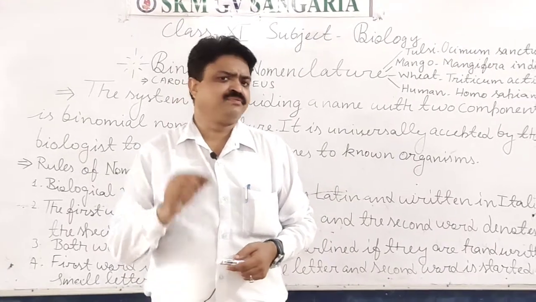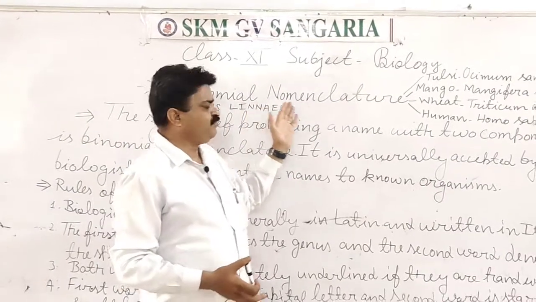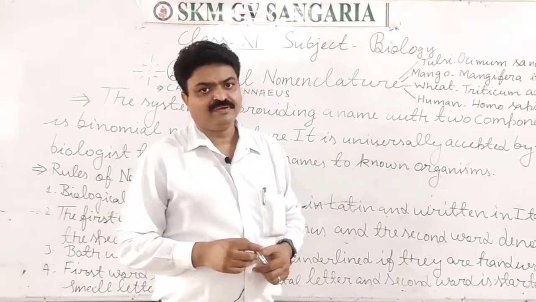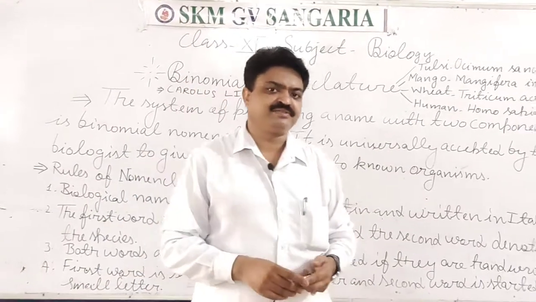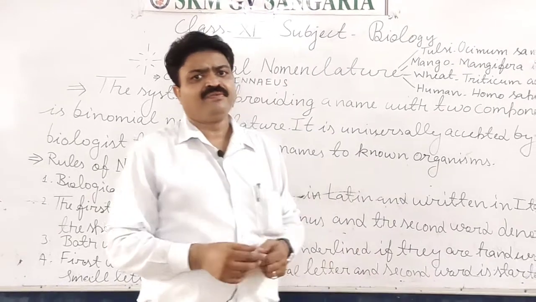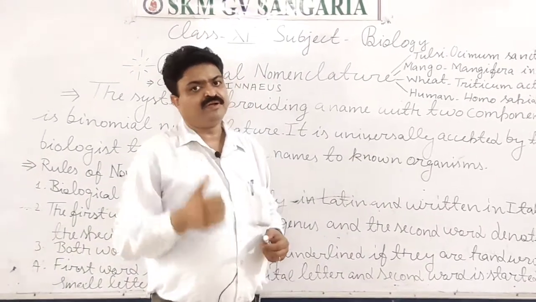Today we will discuss one important concept, students, and it is known as binomial nomenclature. Binomial nomenclature was given by a great scientist, Carolus Linnaeus. Yes students, when we watch an organism, how do we recognize it?